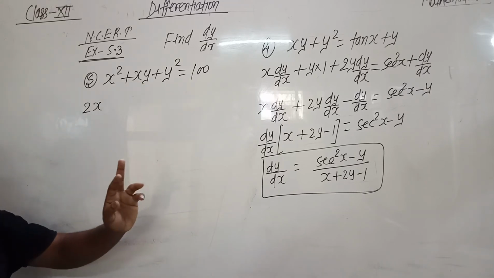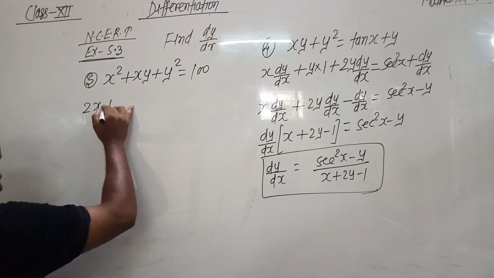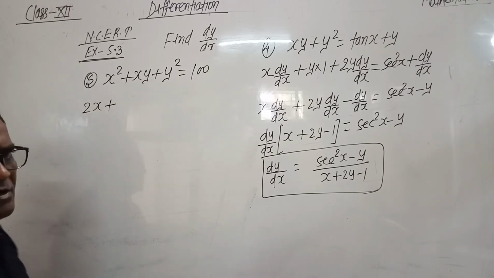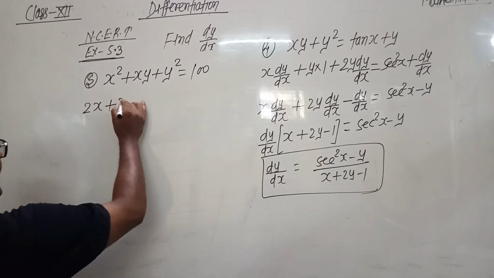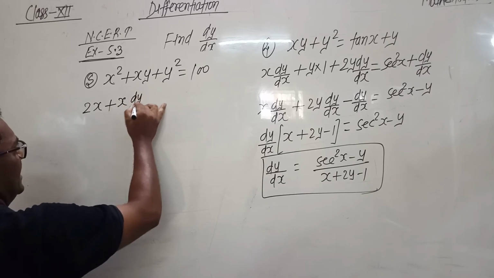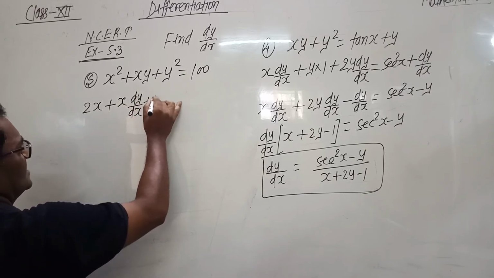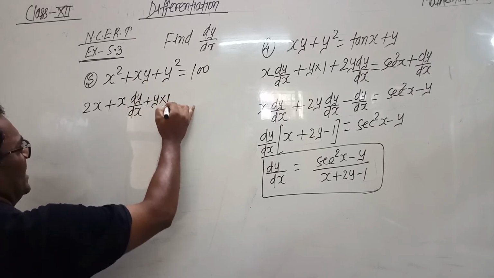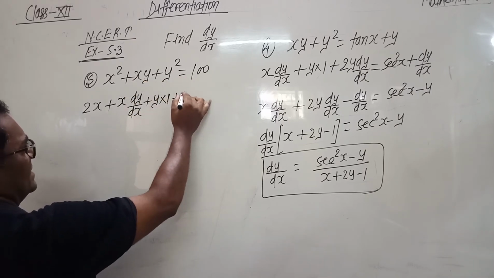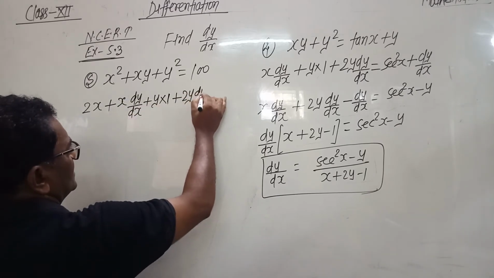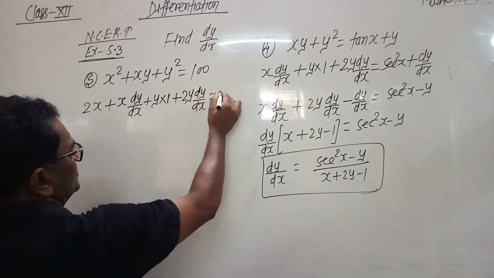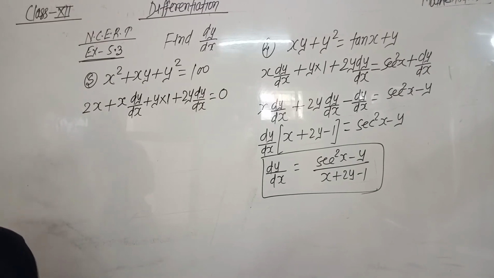Then x into y is again in product form, so it will be differentiated using the product rule, u into v. So u as it is, x, and the differentiation of y, dy by dx, plus y as it is and the differentiation of x, which is 1, plus y square. The differentiation of y square is 2y, dropping the square, the differentiation of y is dy by dx, equals 0, because 100 is a constant term and the differentiation of a constant is 0.